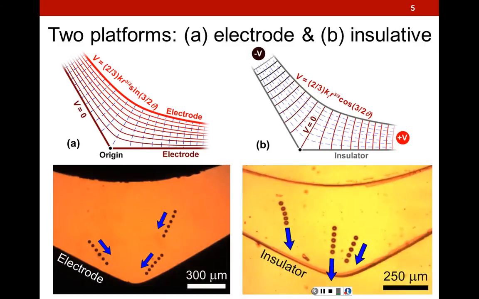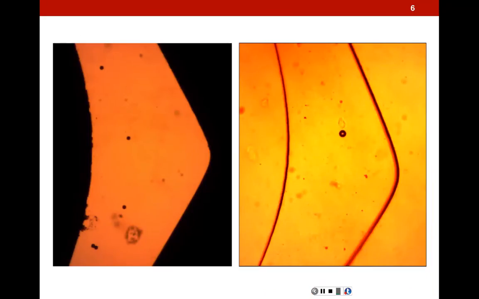Here are some preliminary results where we have some plastic particles, both with an electrode-based system as well as an insulative-based system. Videos of this are shown on the next slide. Here we apply a particular AC frequency, we track the velocity of these particles, and we can apply various frequencies.